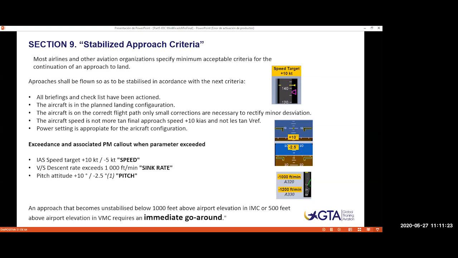No, there are some specific callouts for this: speed, sink rate, pitch, if you have exceeded these things. And when you reach that point, this criteria of 1,000, which depends on the company, as I say, if you don't have the aircraft properly configured, immediate go around.